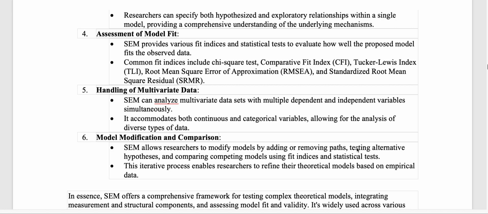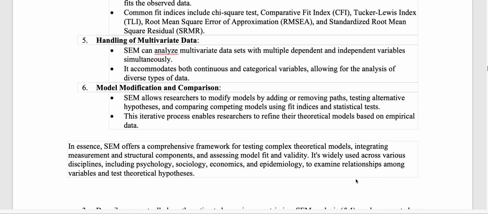It accommodates both continuous and categorical variables, allowing for the analysis of diverse types of data. Model modification and comparison: it allows researchers to modify models by adding or removing paths, testing alternative hypotheses, and comparing competing models using fit indices and statistical tests.